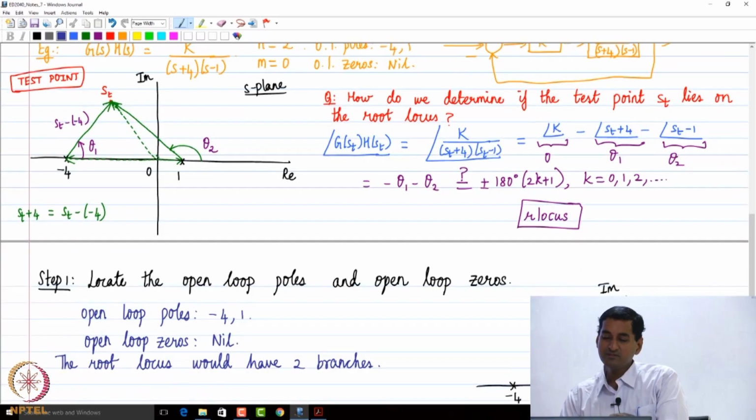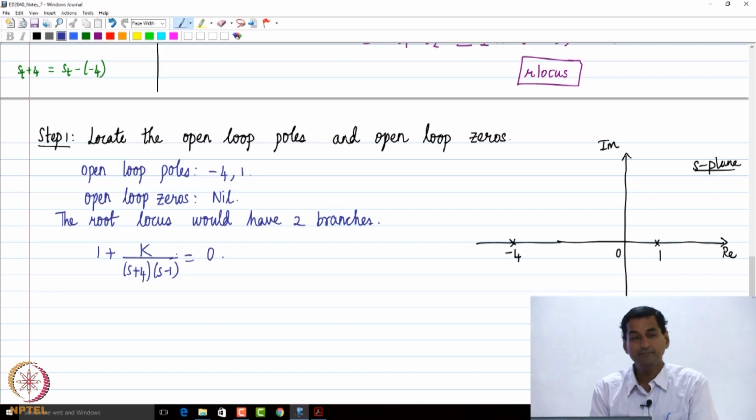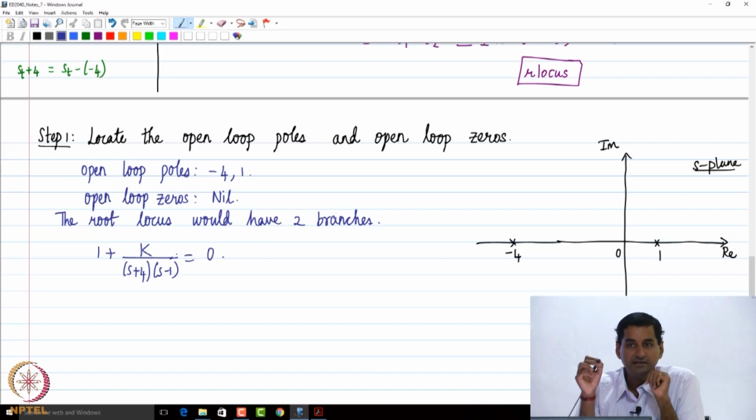What is going to be the closed loop characteristic equation? The closed loop characteristic equation is going to be 1 plus k divided by (s plus 4) times (s minus 1) equals 0, all right? Now as k starts increasing from 0, each branch will start from an open loop pole.